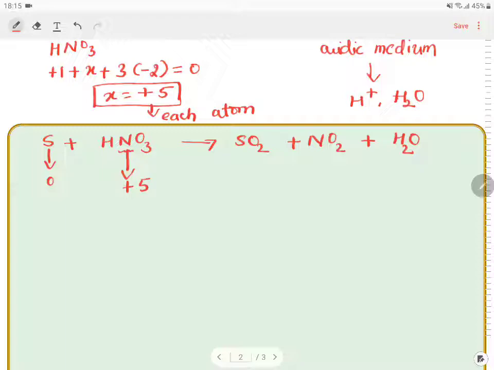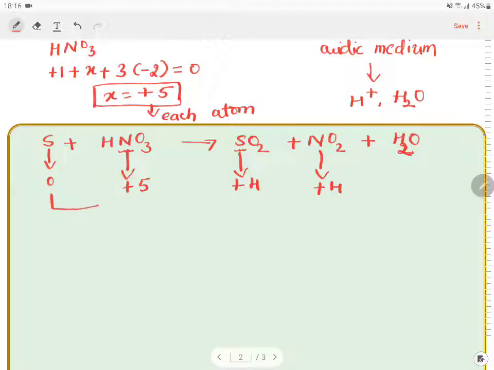Similarly, in SO2, sulfur is a central atom again. Its oxidation state is plus 4. Similarly, you can find out using the same method, plus 4. And we need not consider H2O because it's a byproduct. Now find the element which is undergoing oxidation and reduction. So sulfur was in 0.